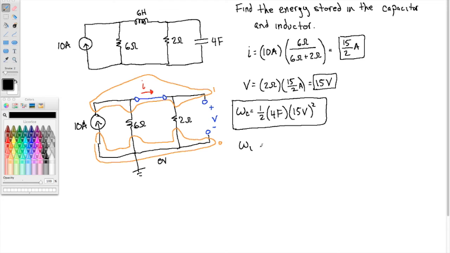And the energy stored by the inductor's magnetic field is 1/2 times the inductance, which is 6 henries, times the current through it squared. So that's 15 halves amps squared. And there you have it.